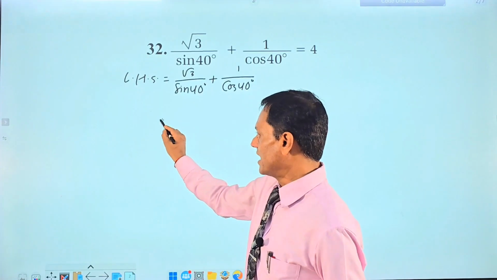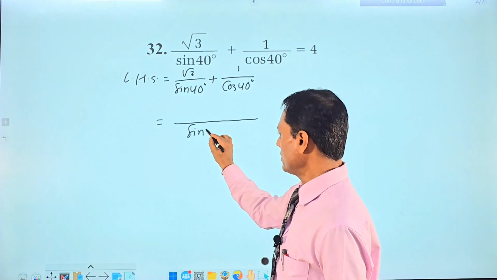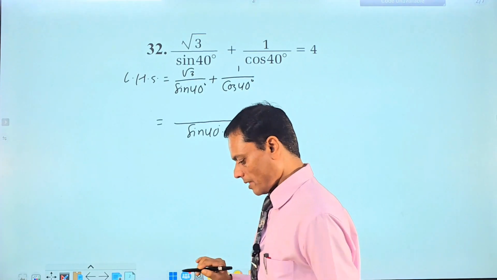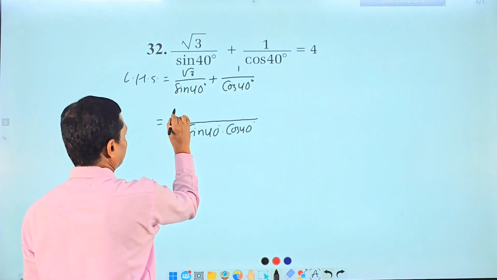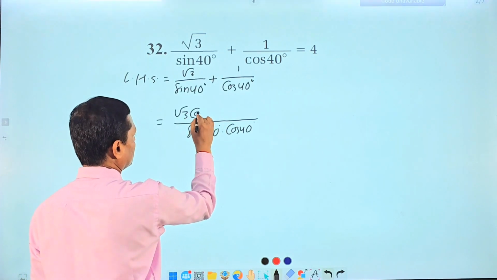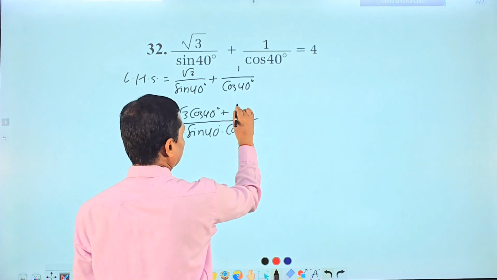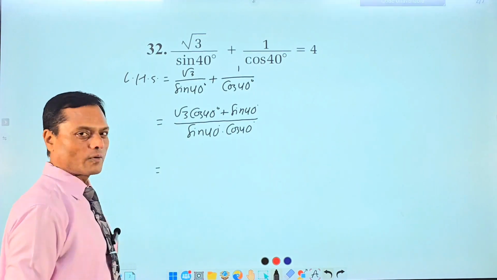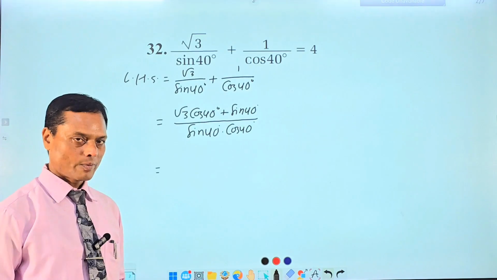Another method is to take the LCM. So sine 40 degree dot cos 40 degree is the LCM, and the working of fractions, all of you know better. So this becomes root 3 cos 40 degree plus 1 into sine 40 degree over sine 40 degree cos 40 degree. We are going to apply one technique at the numerator as well as the denominator.